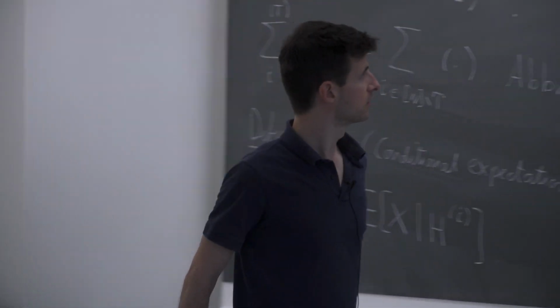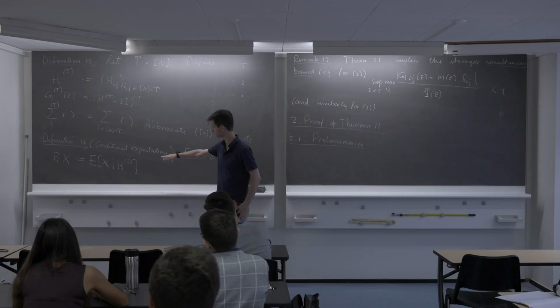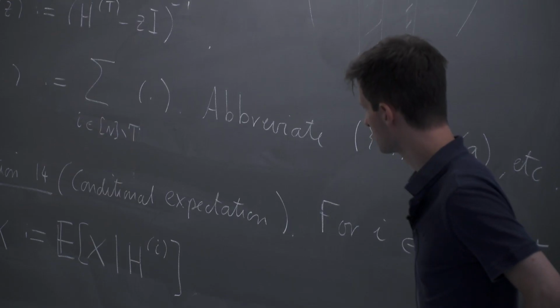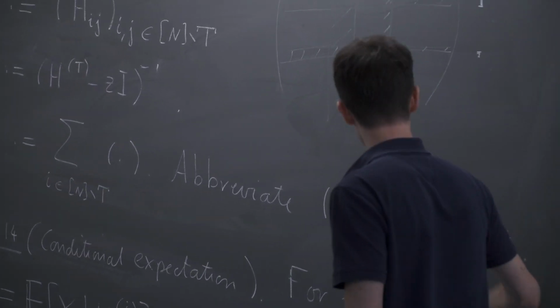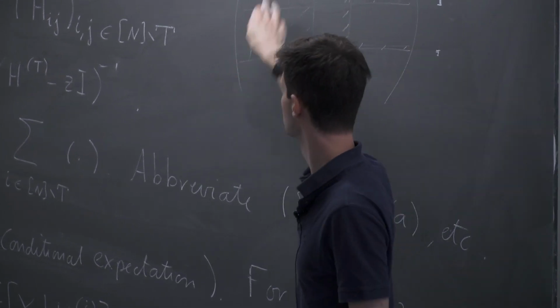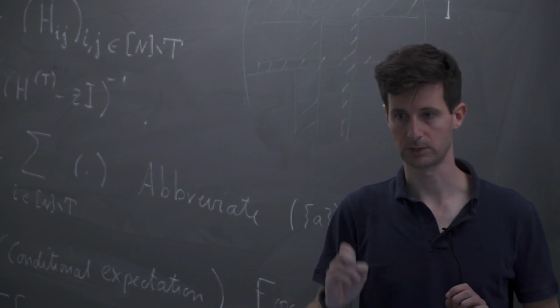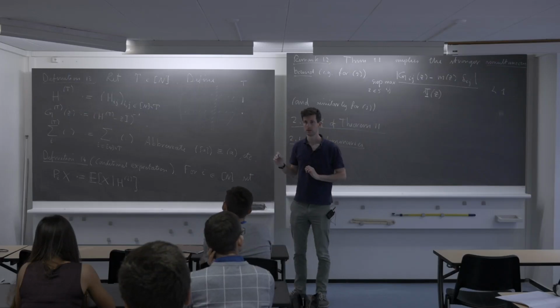In a very pedestrian fashion, what this thing does, it integrates out the random variables in the ith row and column. So it does not touch the random variables which are in the other rows and columns, and it integrates.